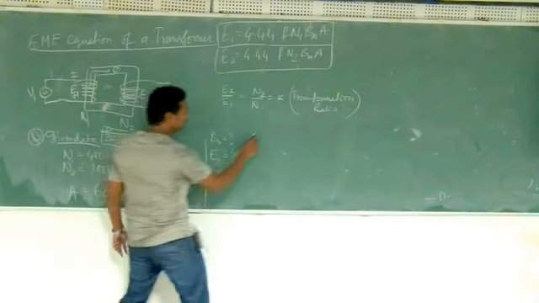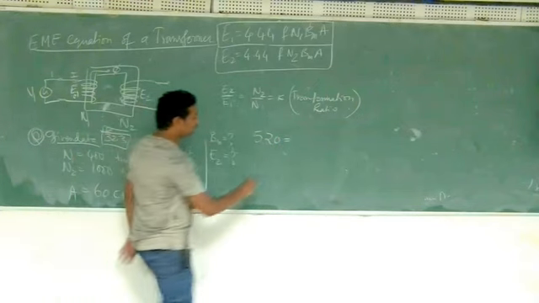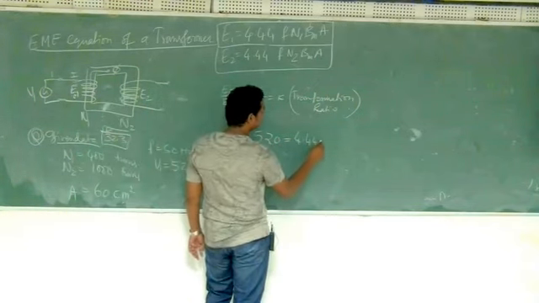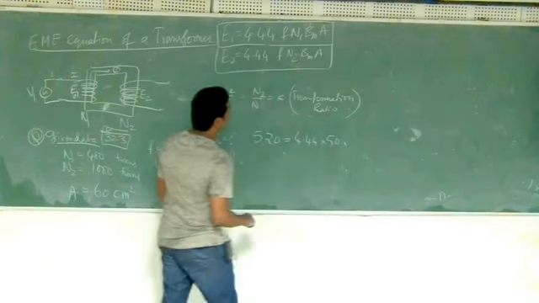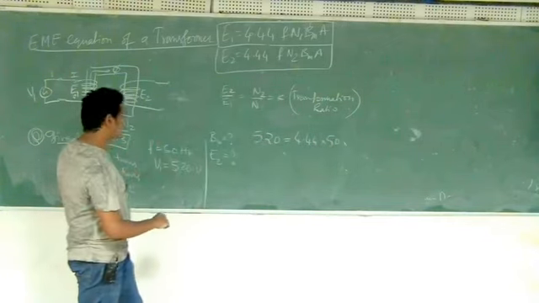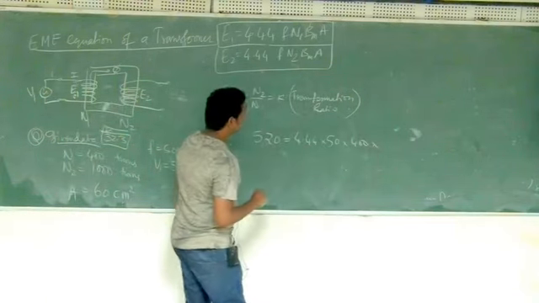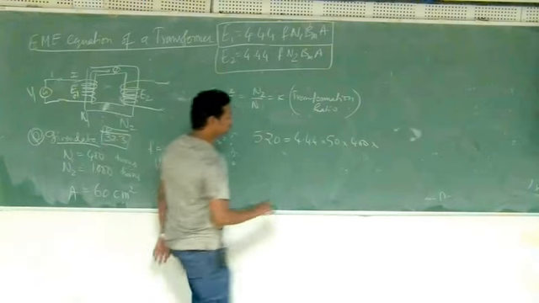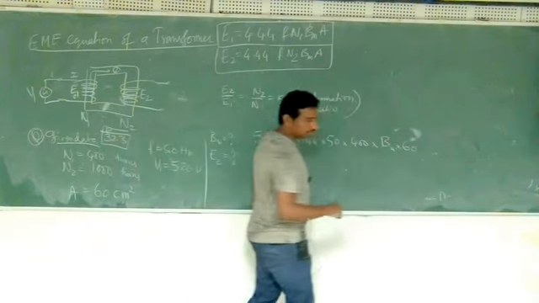So 520 equal to 4.44, times frequency 50, times N1, which is 400 turns, times BM, that is what is unknown, the maximum flux density, times area, 60 centimeters square.